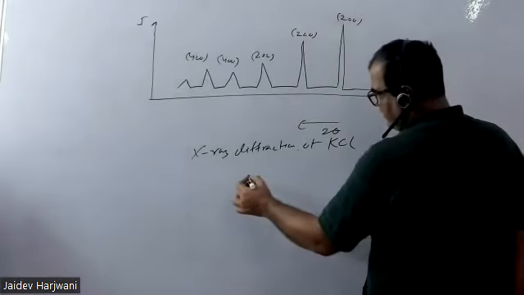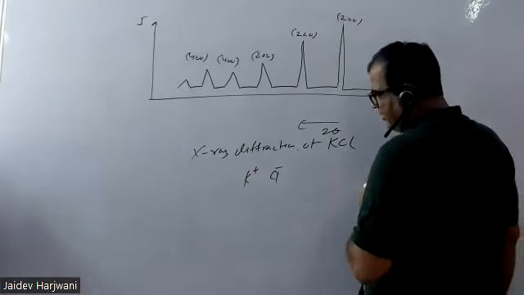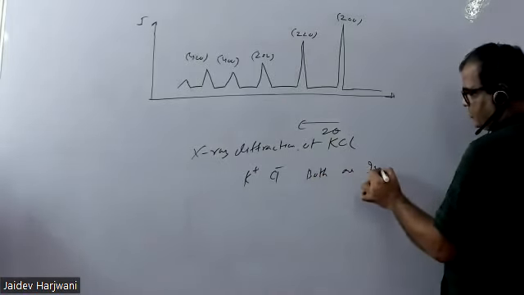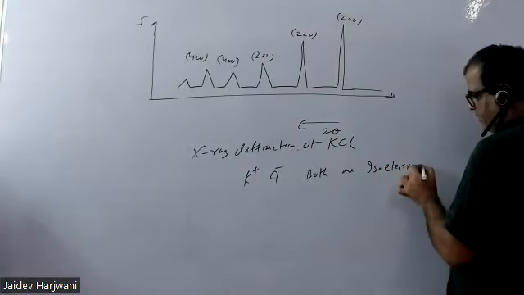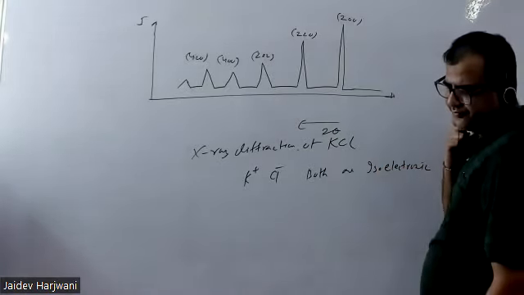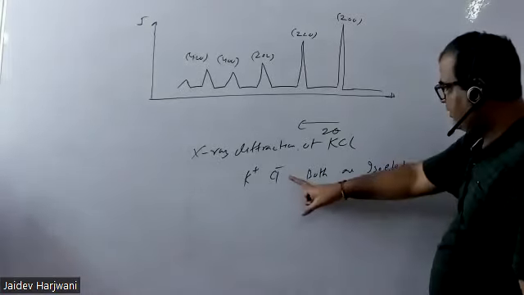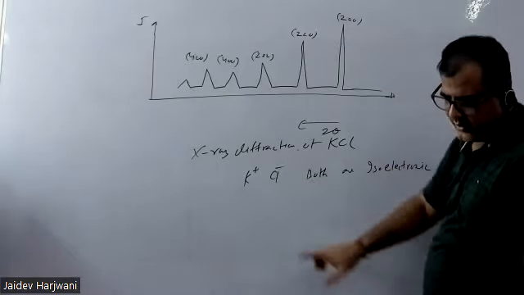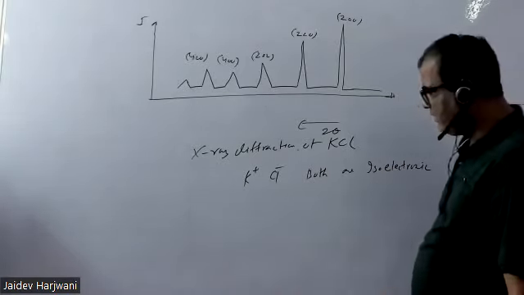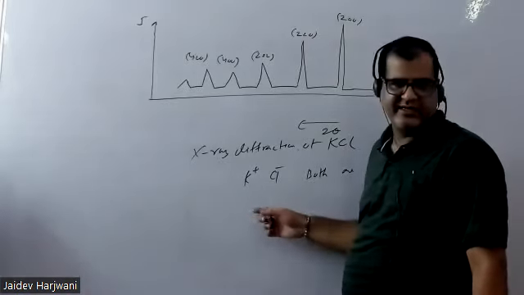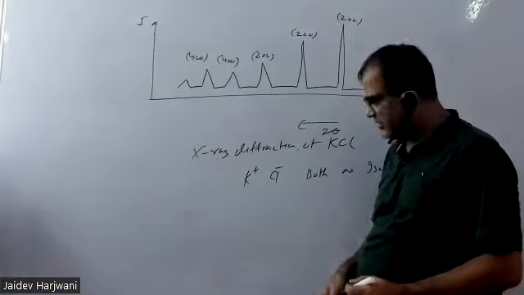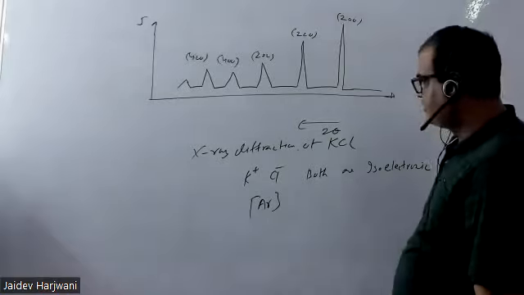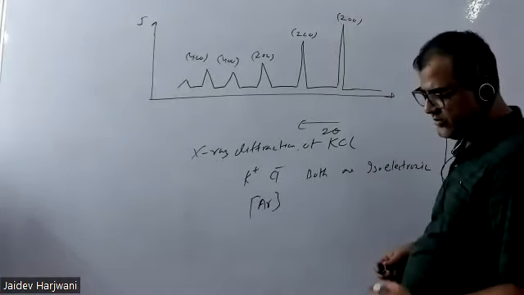Because potassium and chloride are both isoelectronic. Isoelectronic means both have the same electronic configuration like argon. Argon is 18, so K plus is also 18, and Cl minus is also 18. So both have an argon type of electronic configuration.